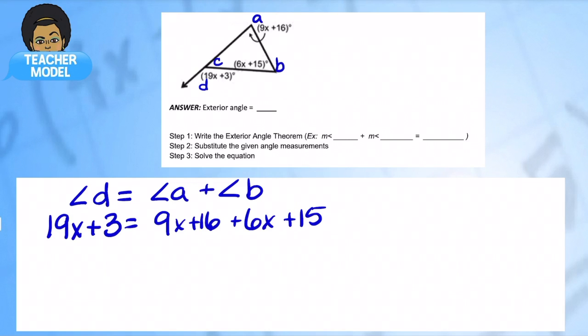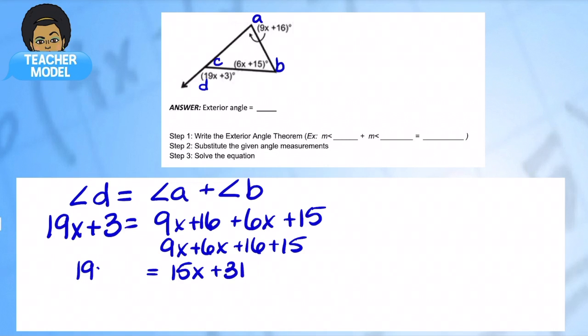And now we're going to just use our algebra skills that we've been working on so hard. Let's use our proximity, just put things closer to each other. And now I can combine like terms. This is just 15x plus 31. On the other side, I have 19x plus 3.